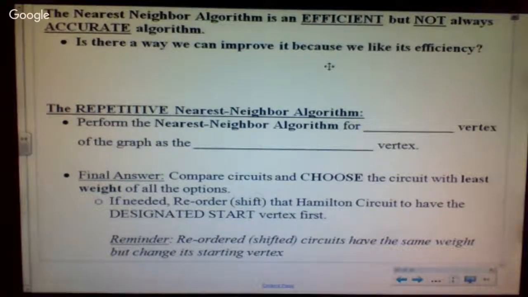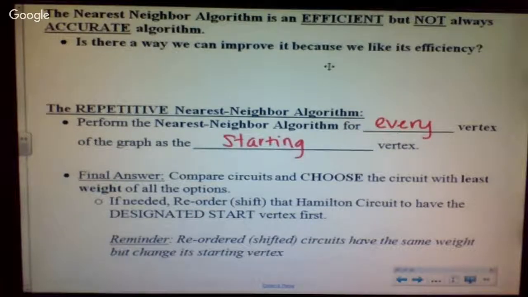So what you're doing is the same thing, except we're going to do the nearest neighbor for every vertex. Okay, so you're going to do nearest neighbor starting at A. Then you'll do it again starting at B, starting at C, starting at D, until you've exhausted all of your options. So we're going to perform the nearest neighbor algorithm for every vertex of the graph as the starting vertex.